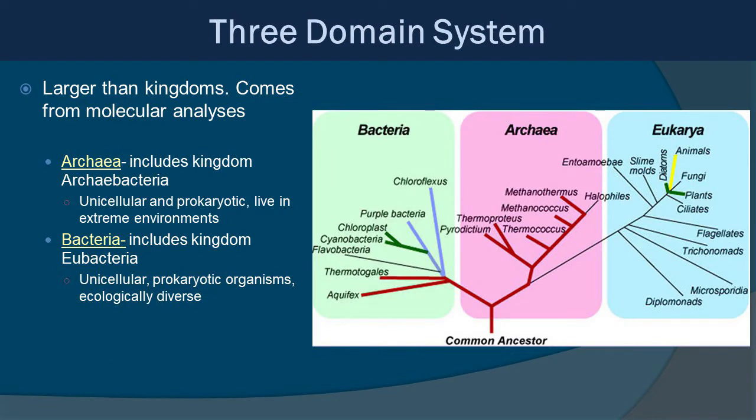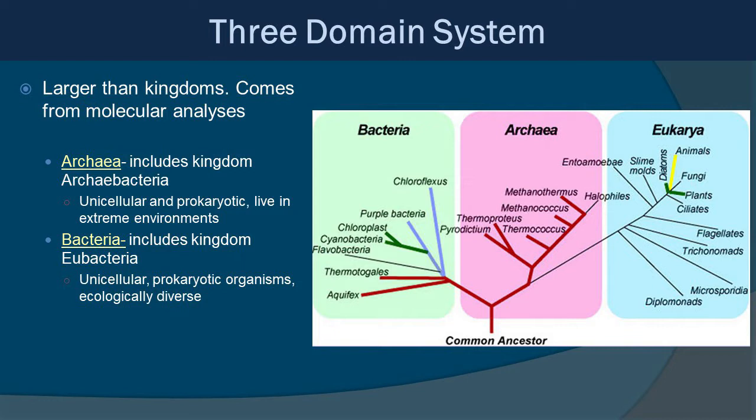Now, above the kingdom level, we do have what we call the 3-domain system. Now, these are larger than kingdoms, and they come from molecular analysis. Essentially, we have the archaea and bacteria separated out, which the archaea includes the kingdom Archaebacteria. They're unicellular, prokaryotic, and live in extreme environments. Then we have bacteria, which include kingdom Eubacteria.